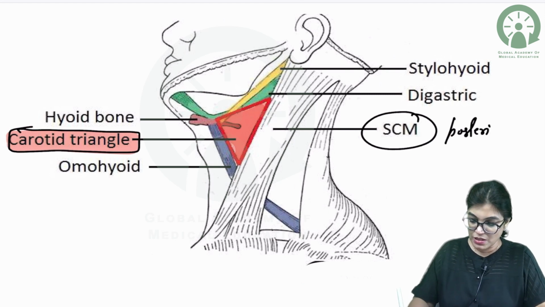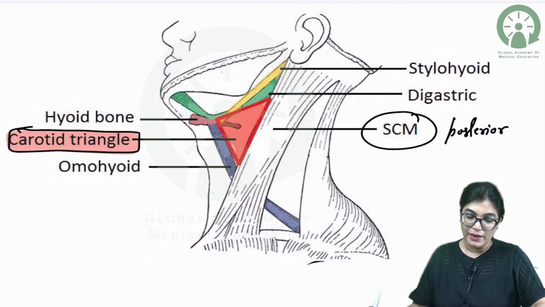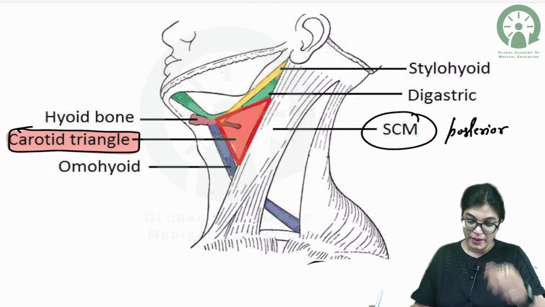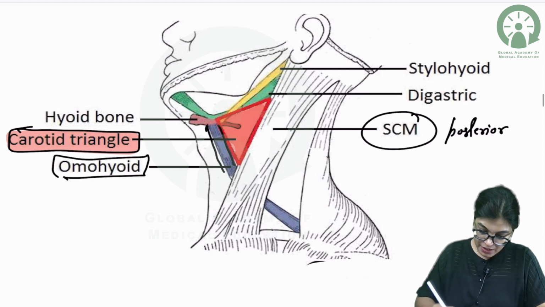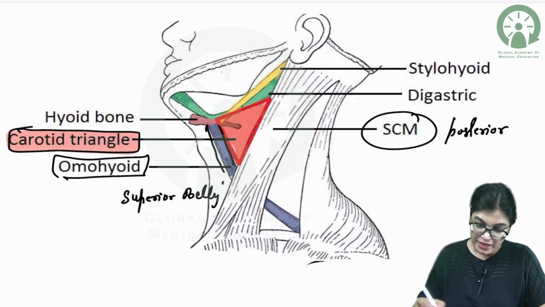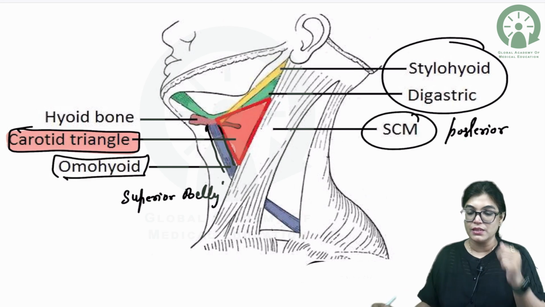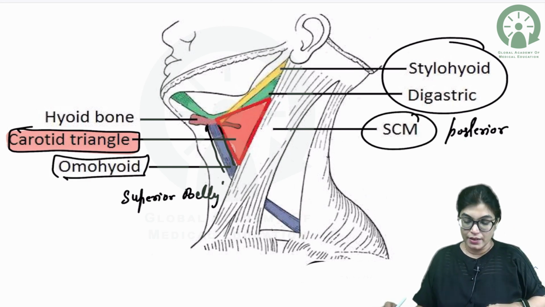This is forming its posterior boundary. Antero-inferiorly, it is bounded by the omohyoid muscle. This is the superior belly of omohyoid, which is forming its antero-inferior boundary. And superiorly it is bounded by two muscles, that is the stylohyoid and posterior belly of digastric. Okay, so this is the boundary.